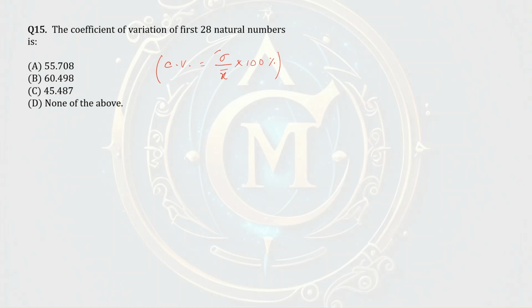Now we know that the standard deviation of the first n natural numbers is equal to root over (n square minus 1) divided by 12. This is a standard formula you have to remember.